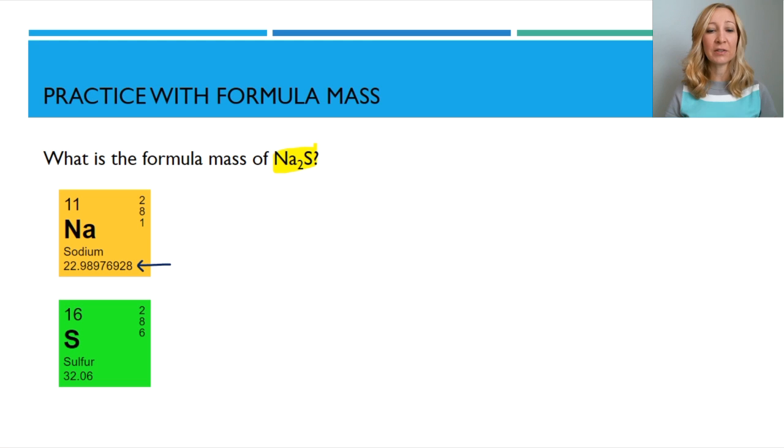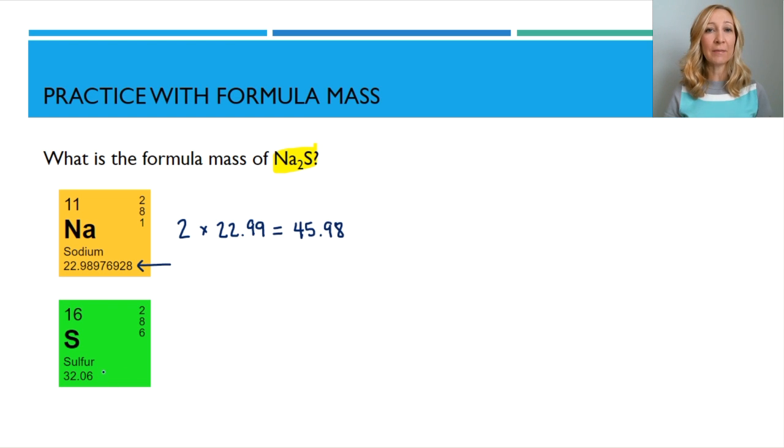So we will round to 22.99. So the mass of just the sodium atoms can be found by taking 2, the number of sodium atoms, times 22.99, the mass of 1 sodium atom, and I get 45.98.